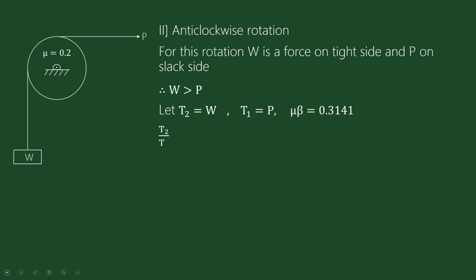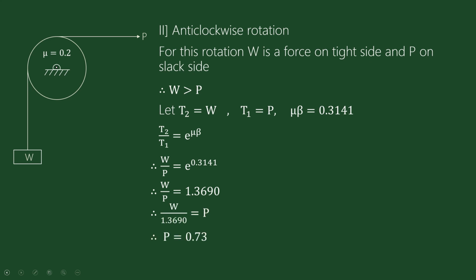Again, by using same equation, T2 upon T1 is equal to e raised to mu beta, put the values of all. T2 is nothing but W, T1 is P, and e raised to 0.3141. So, simplify it. We have to transfer exponential term to other side, and then we will get the value of P as 0.7304 times W.